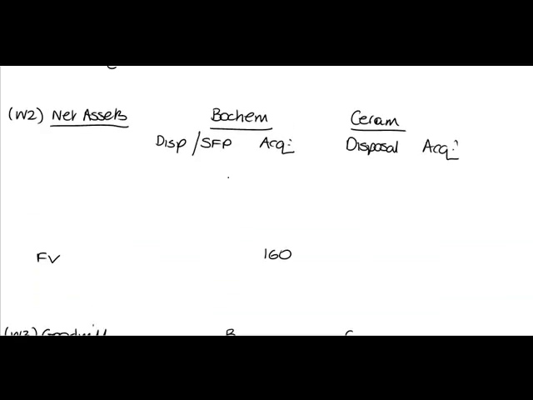So we go to our net assets working, share capital, 55, reserves, 85. Other components of equity were 10. So OCE is 10.